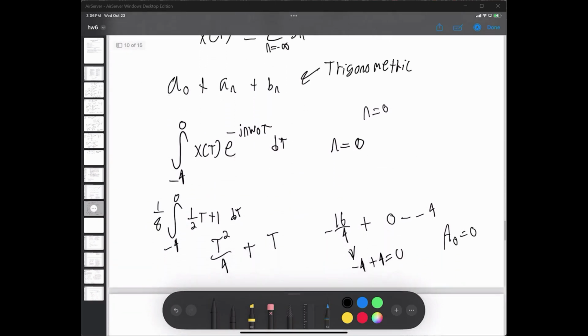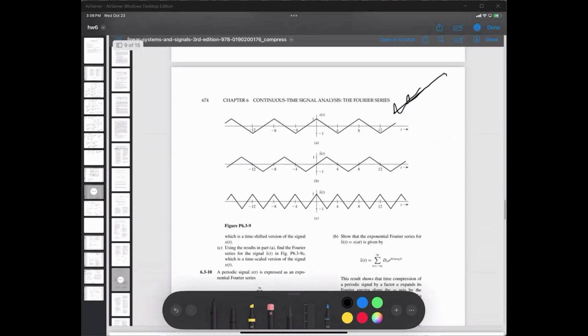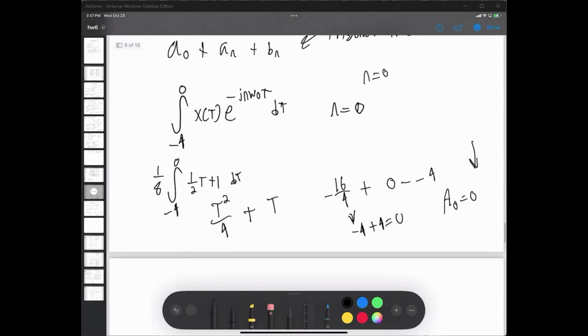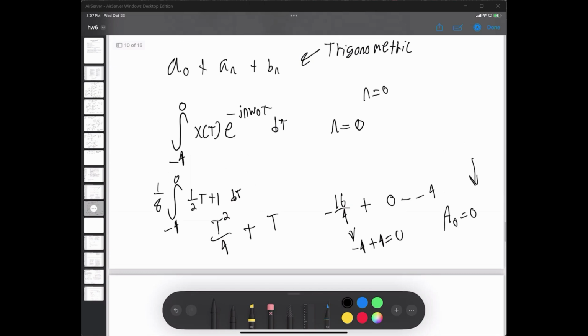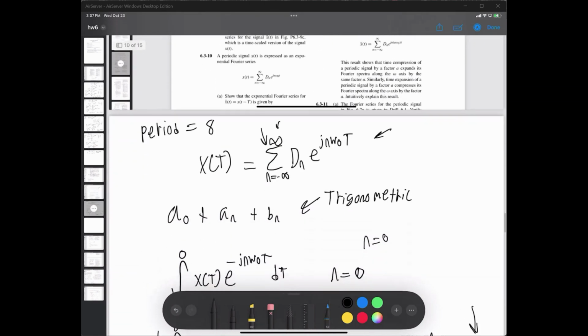So this is me finding a sub 0, and I get 0 obviously, because for this even function it goes under and over the x-axis the same amount, so we'll get 0.